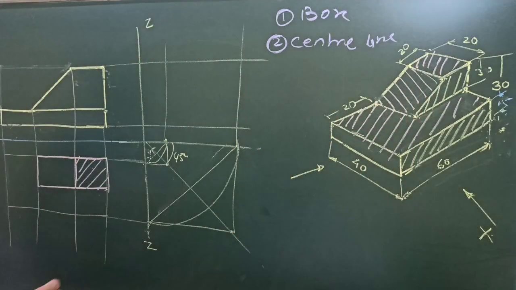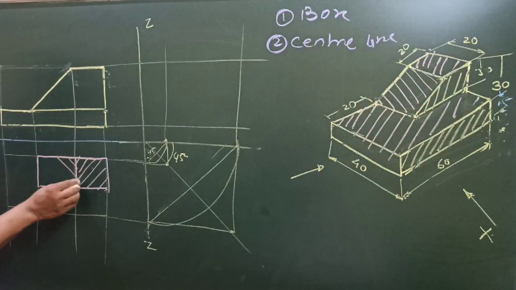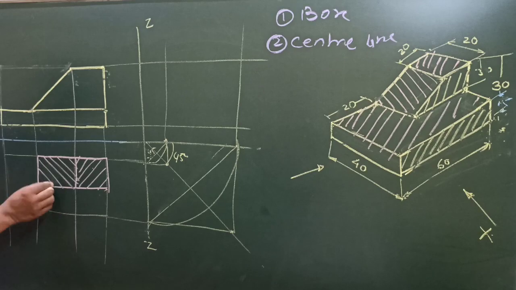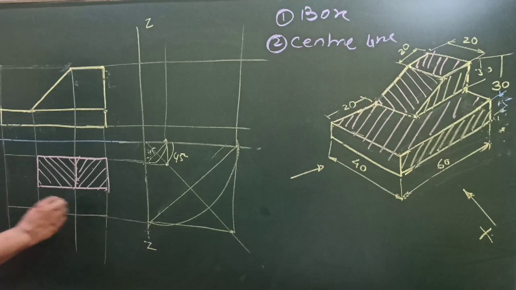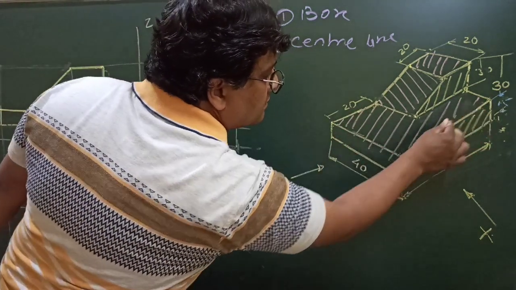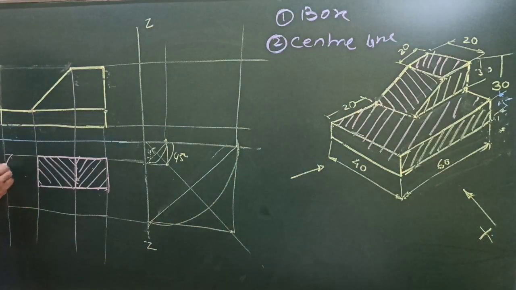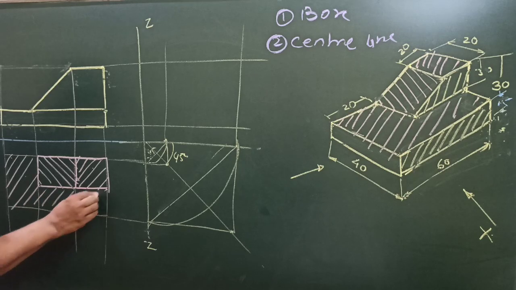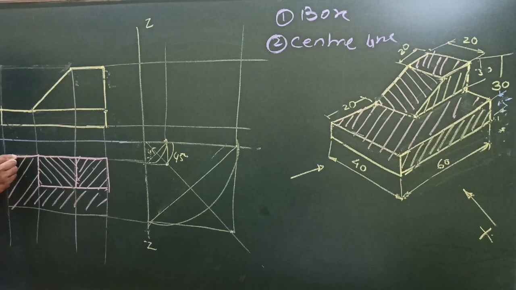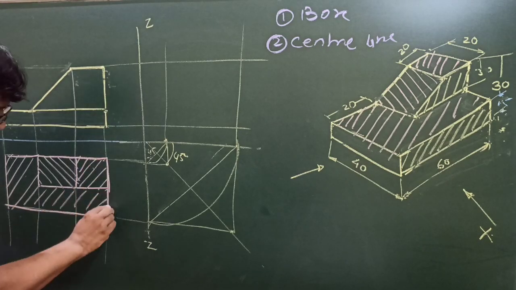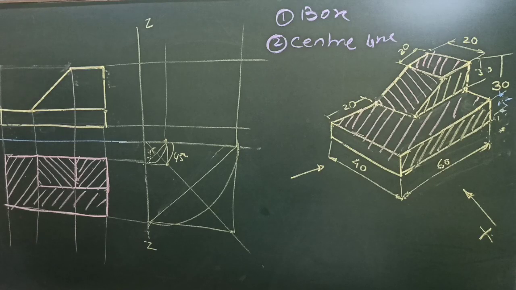As far as this rectangle is concerned, it is available here, the inclined part, and this is the L shape, this one. So this is the L-shaped part of the diagram and the outline, right? So this completes this hatching.